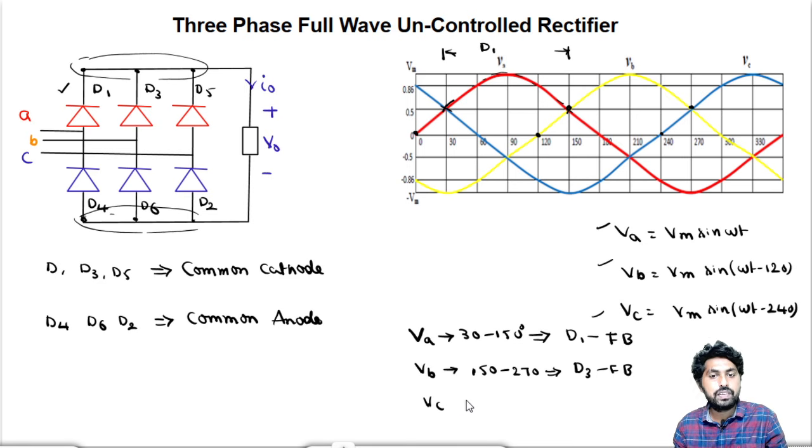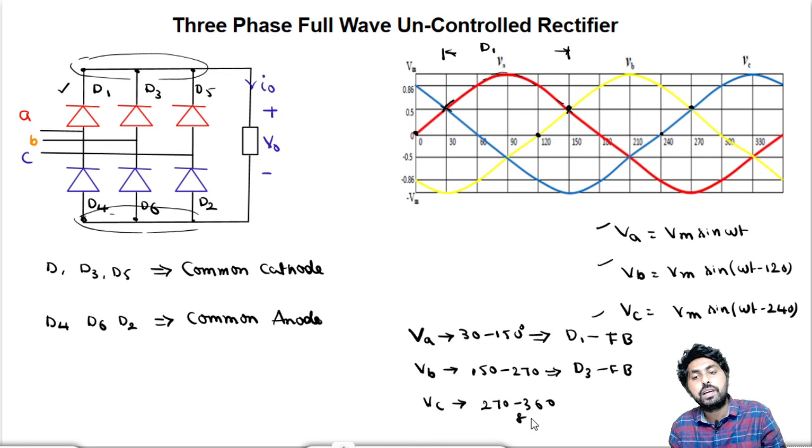Similarly, VC will be most positive between 270 and 360 degrees, and also from 0 to 30 degrees; the C phase, the blue color, will be most positive compared to the remaining phases. So the forward-biased device is D5.